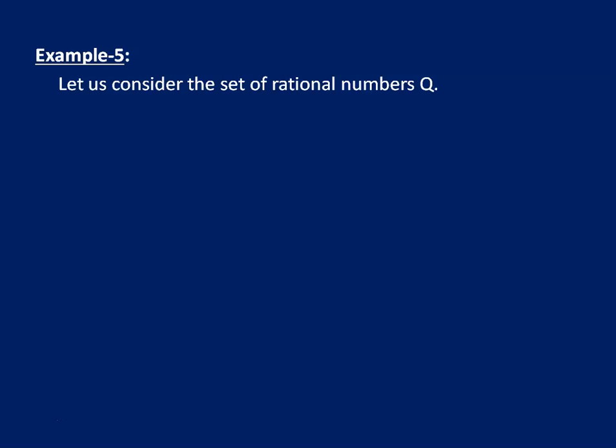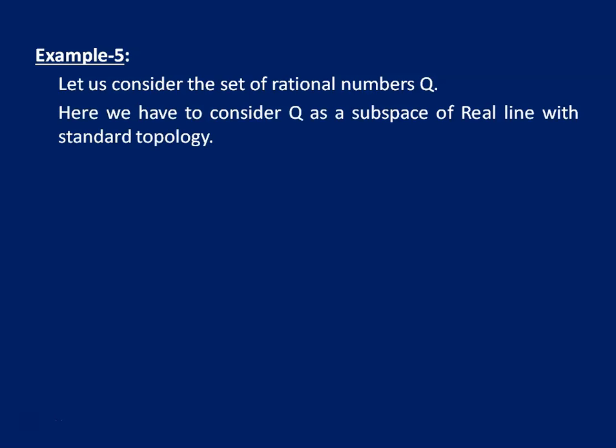Let us consider the set of rational numbers, Q. Here we have to consider Q as a subspace of the real line with standard topology, and let us check whether this set of rational numbers is connected or not.